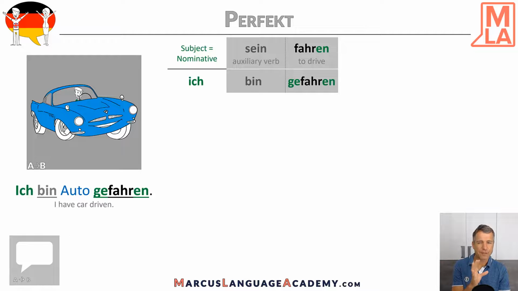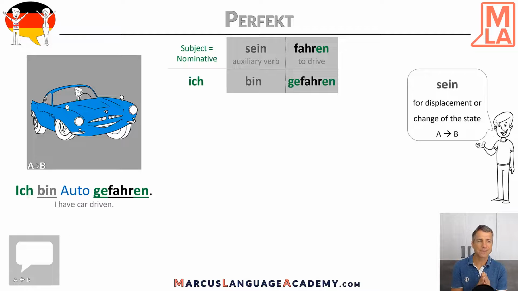It's like I have car driven or I am car driven. Okay? So because those verbs, no, it's a displacement from A to B, or it could be also a change of state. For example, if I die, so I'm alive and then I'm dead, no, those verbs will take as an auxiliary the verb to be. And my little symbol in my course is this AB symbol. So remember this.